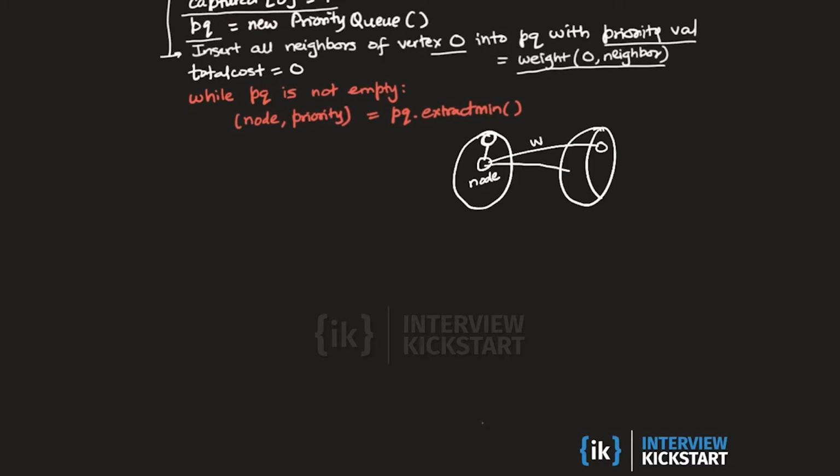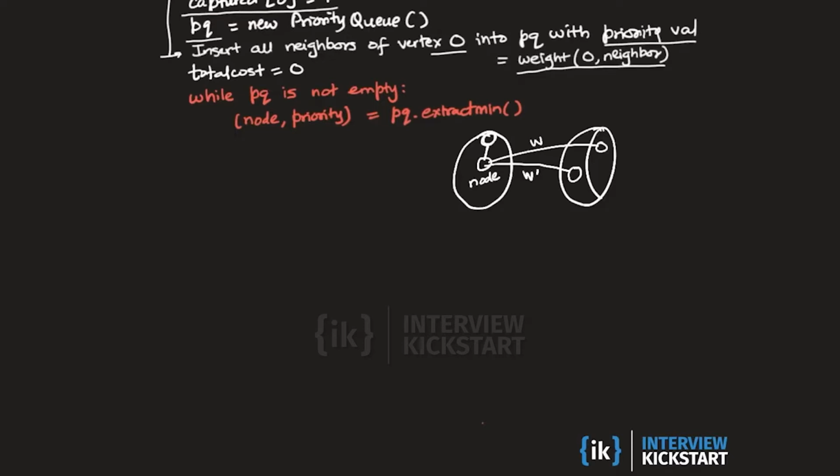It is also possible that one of its neighbors could exist here, already in the priority queue with some priority value, and then we have to compare the weight of this edge with that priority value to see if we can improve the priority by means of a decrease key operation.